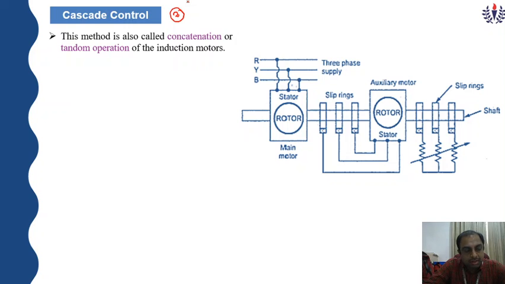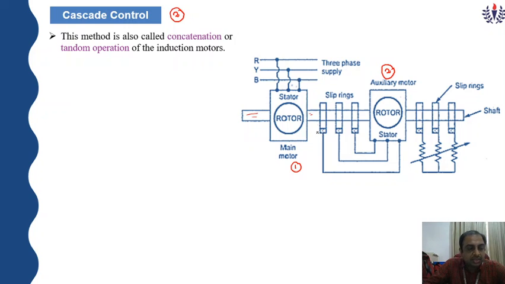In this method, there are two induction motors mounted on the same shaft. This is motor number 1, and this is motor number 2. These two motors are mounted on the shaft. This is the shaft.